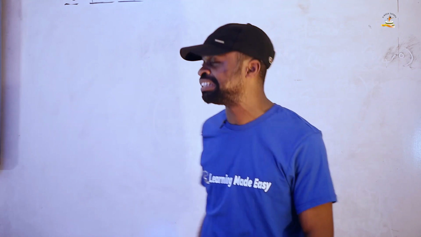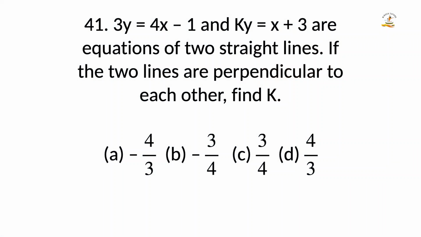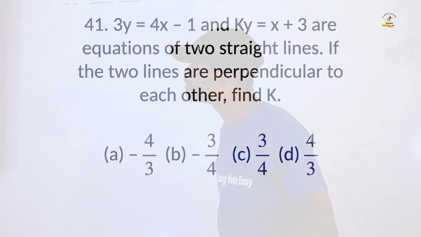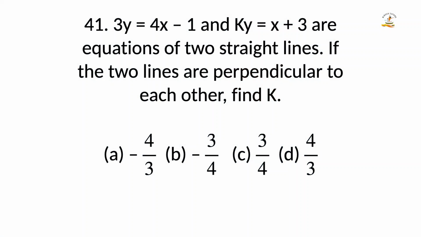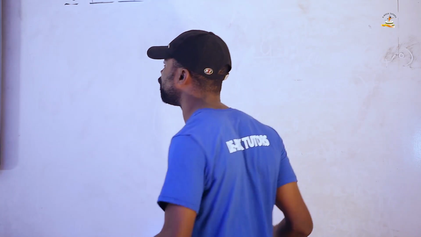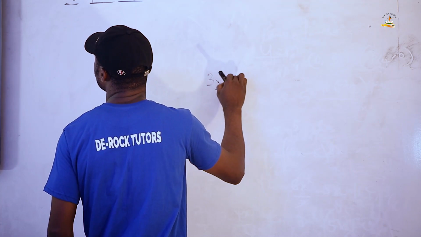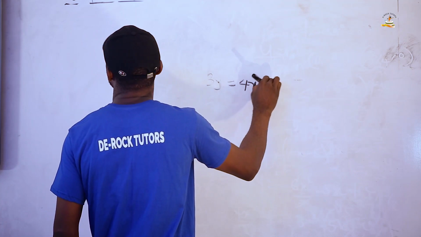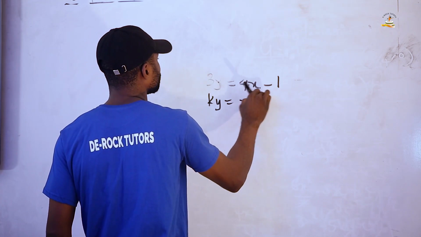Question number 41 is still on coordinate geometry. And here we have two different equations, and we are asked to find the value of k if the two lines are perpendicular to each other. The first line is 3y equal to 4x minus 1, and the second line is ky equal to x plus 3.